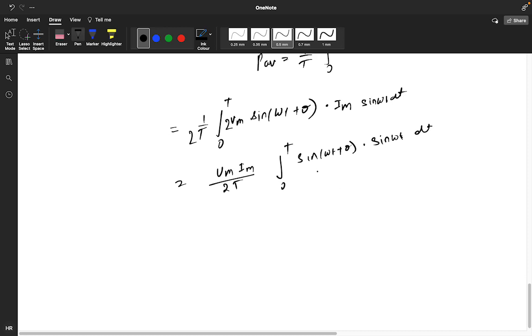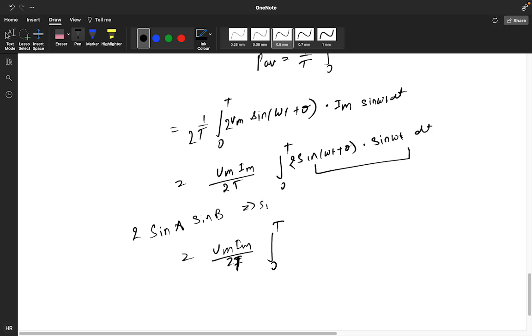And this is in the form of 2 sine A sine B. So what is the formula of 2 sine A sine B? Vm Im by 2T, 0 to T, sine omega t plus theta minus omega t.